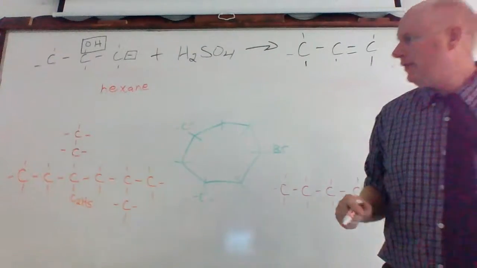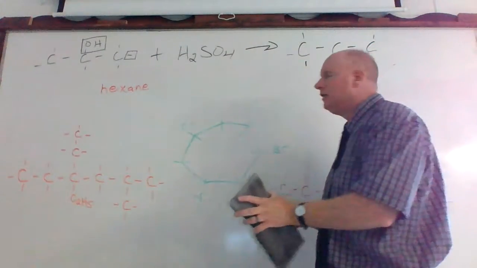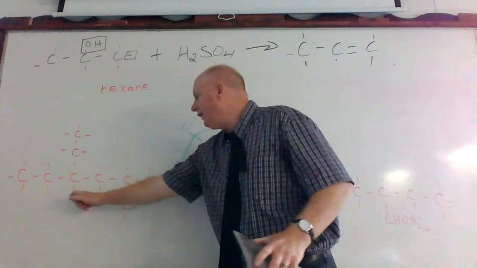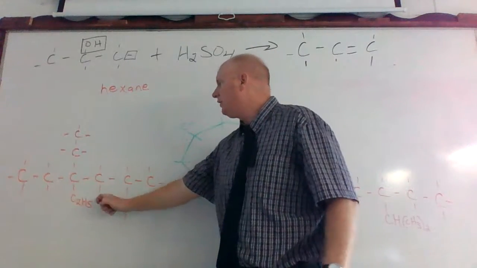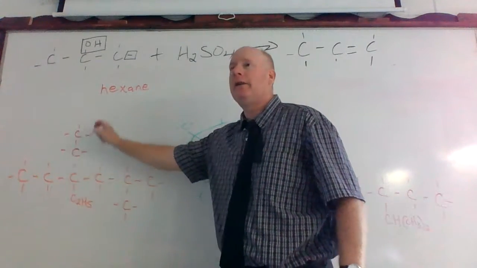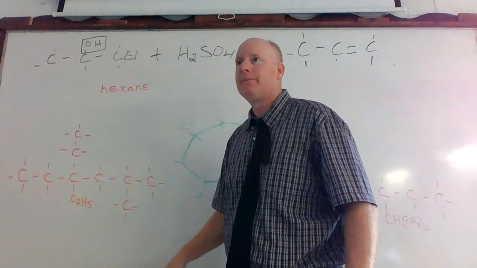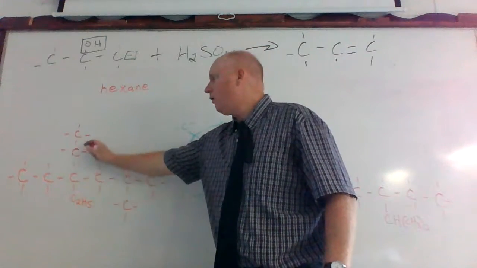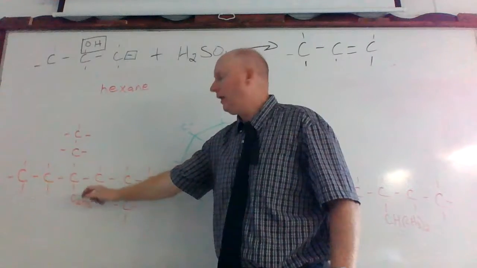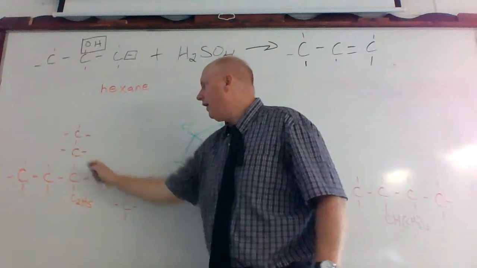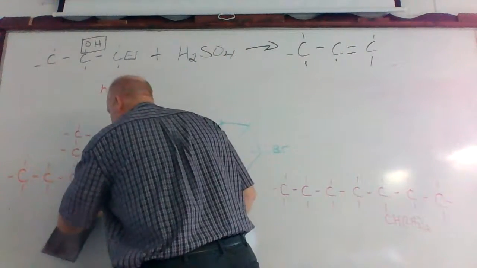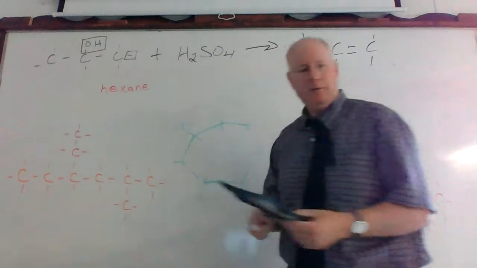Should you do that, that's fine, but then just make sure you put a line through that or erase it. These 2 mean the exact same thing. They are both ethyl groups. Are we good with that? Okay, C2H5, that is an ethyl group.